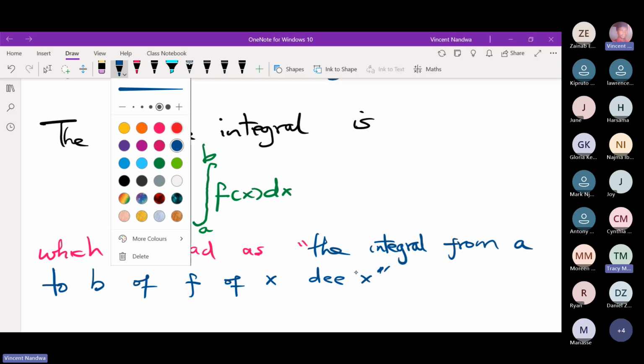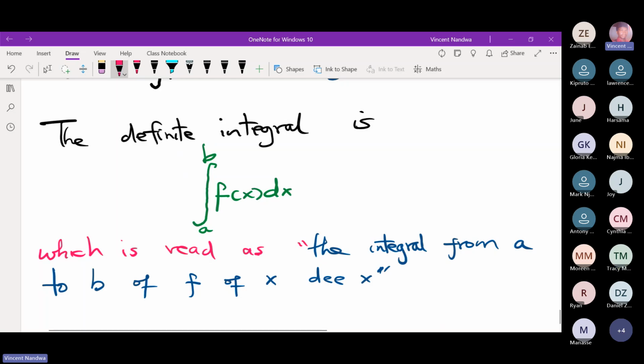Then when you write this statement, this b is called the upper limit of integration. a is called the lower limit of integration.